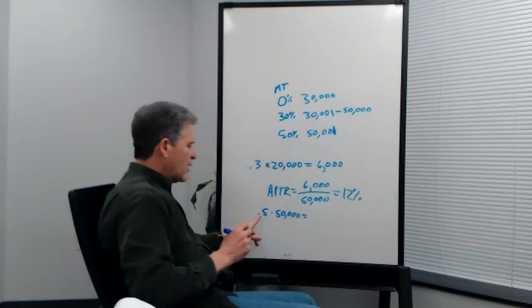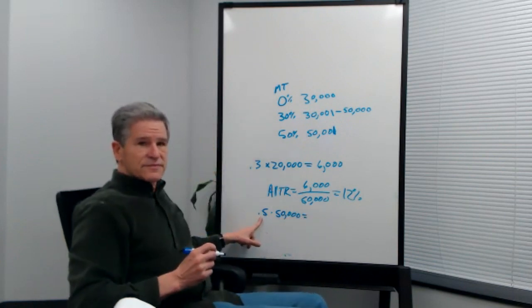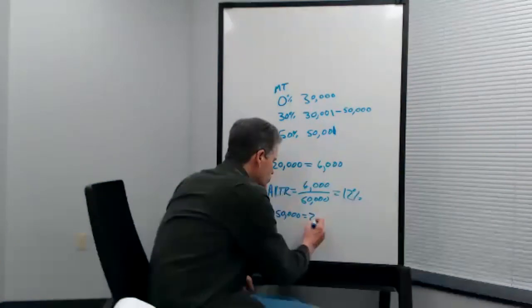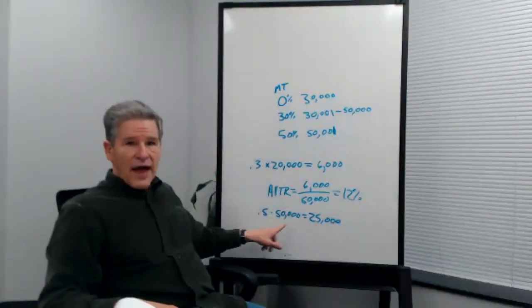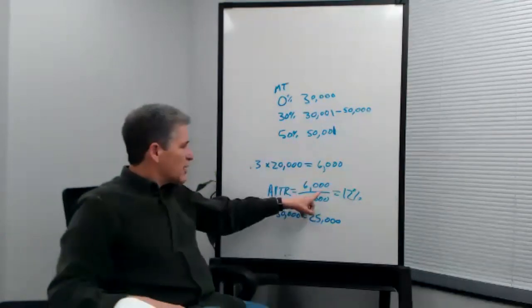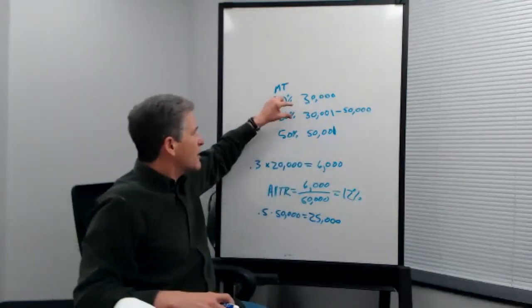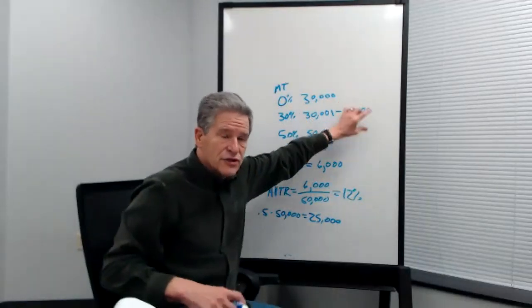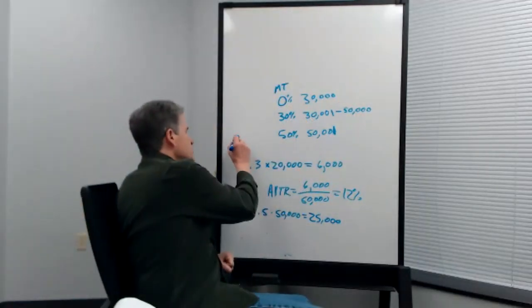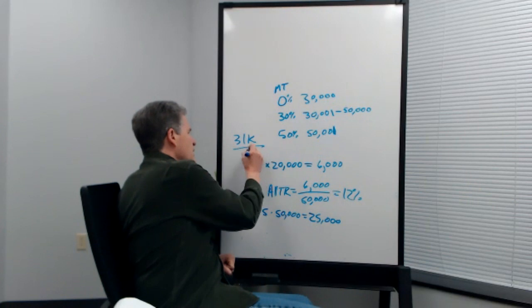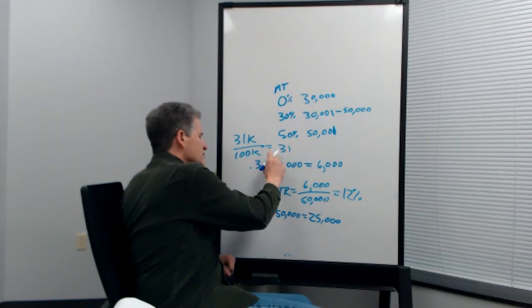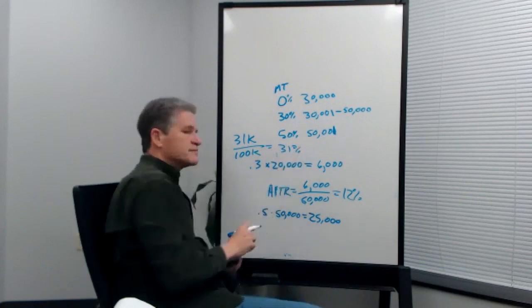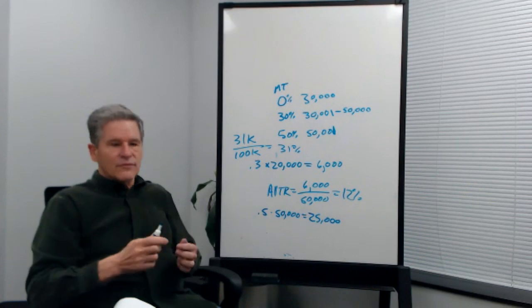You're going to pay a 50% tax rate, so you're going to pay 25,000 in taxes on that, plus the 6,000 that you were paying on the money you made in the lower range. So your total tax bill is going to be 31K, and your total income is 100K, and so your average tax rate is 31%.